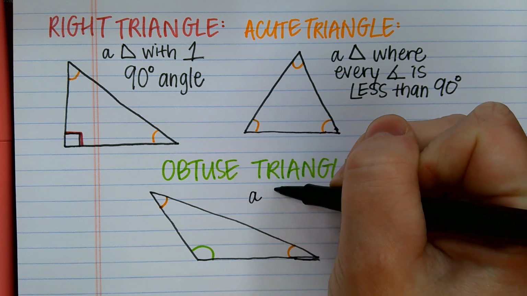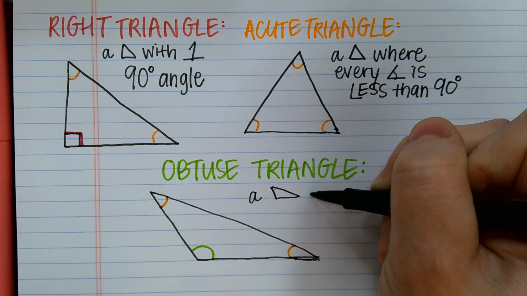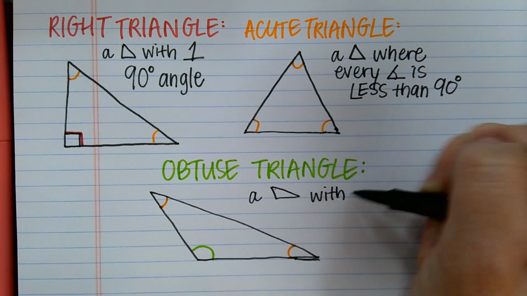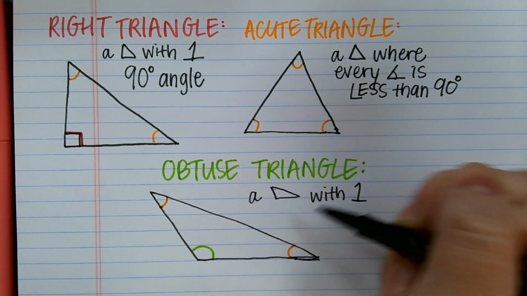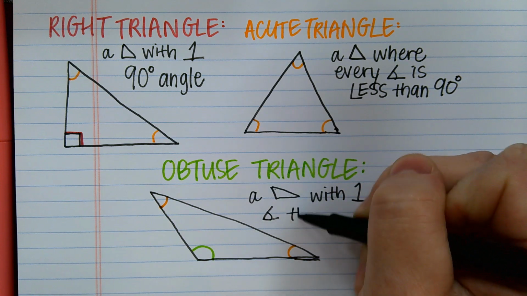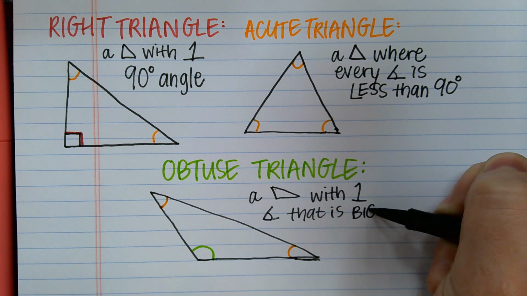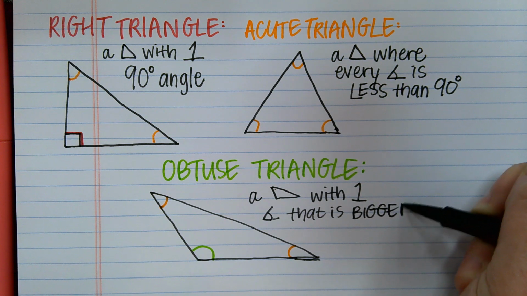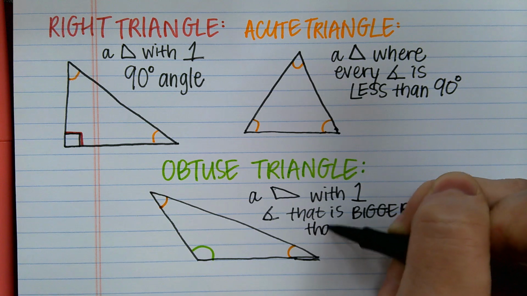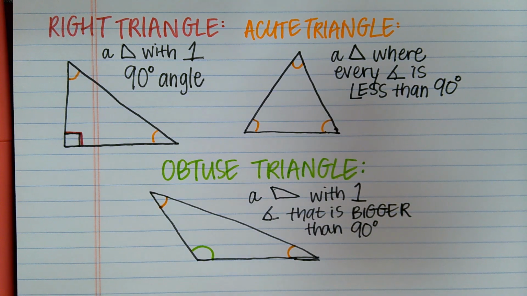So a triangle with one angle that is bigger than 90 degrees. All right.